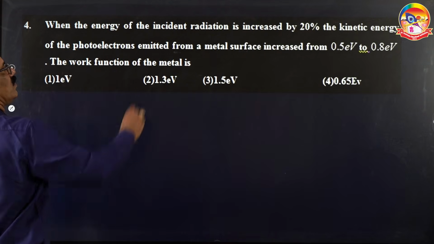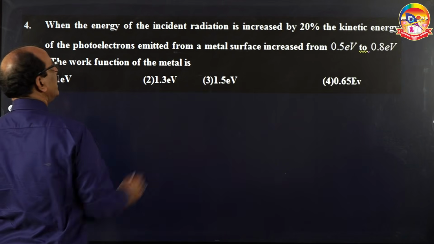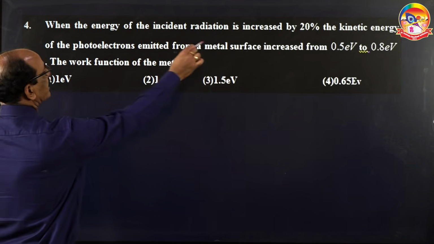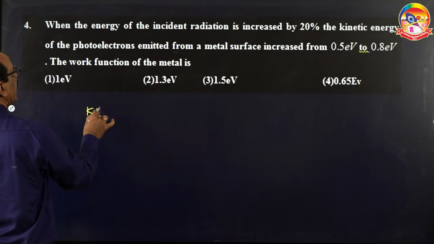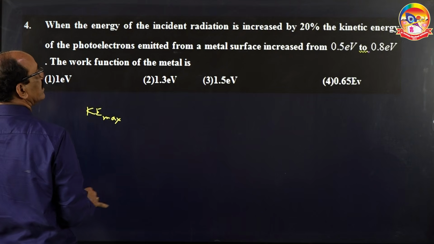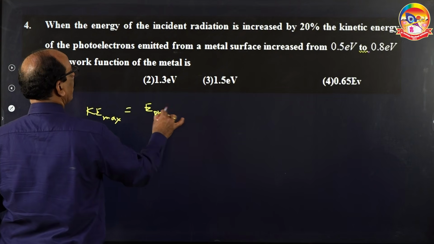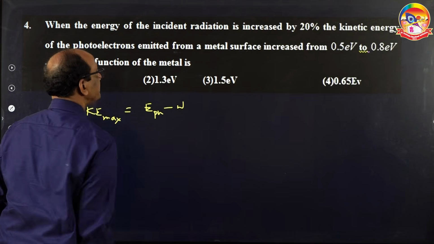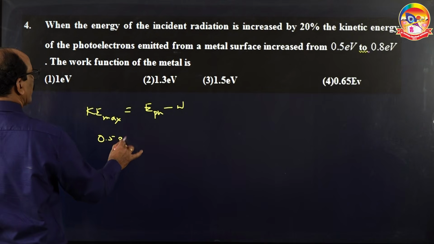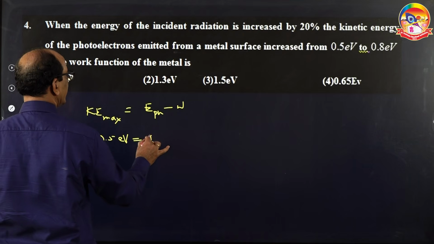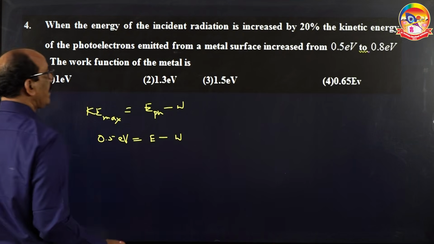So let us now look at this here. When the energy of the incident radiation is increased, the maximum kinetic energy is equal to the energy of the photon minus work function. So in the first case, it is 0.5 electron volt is equal to the energy of the photon minus work function.